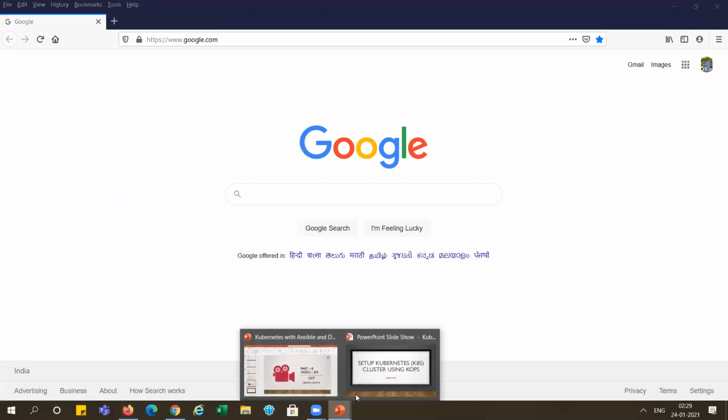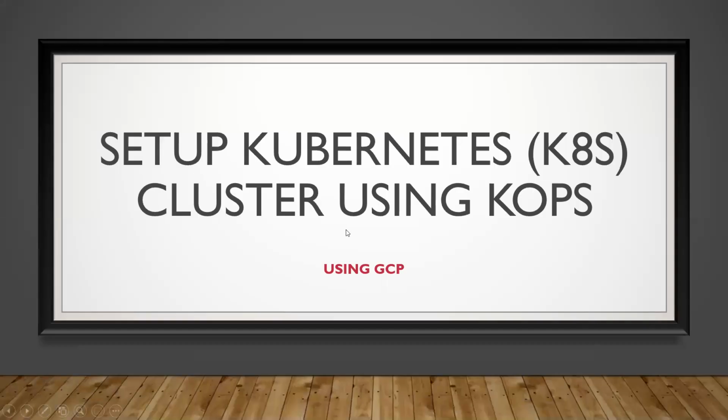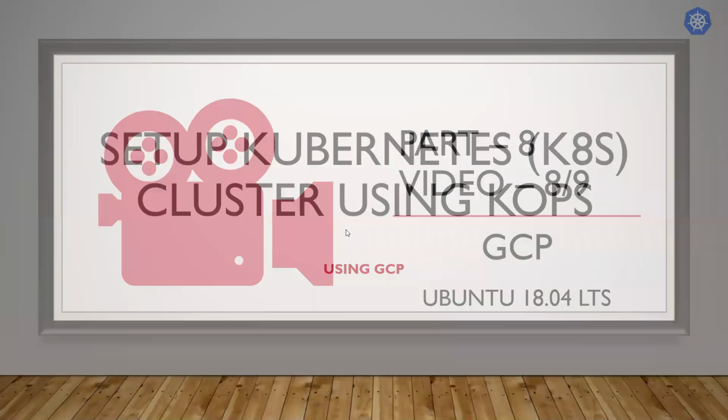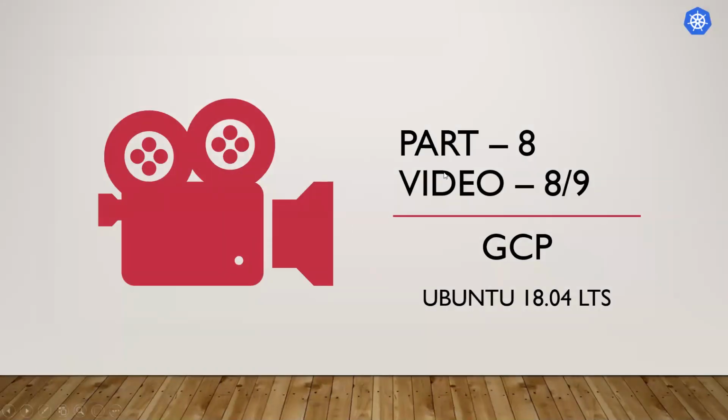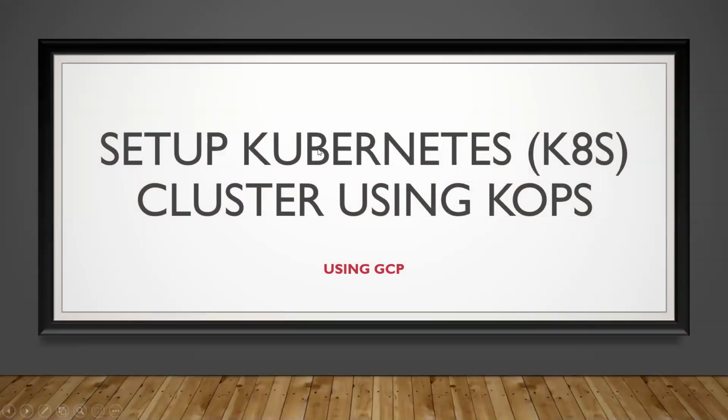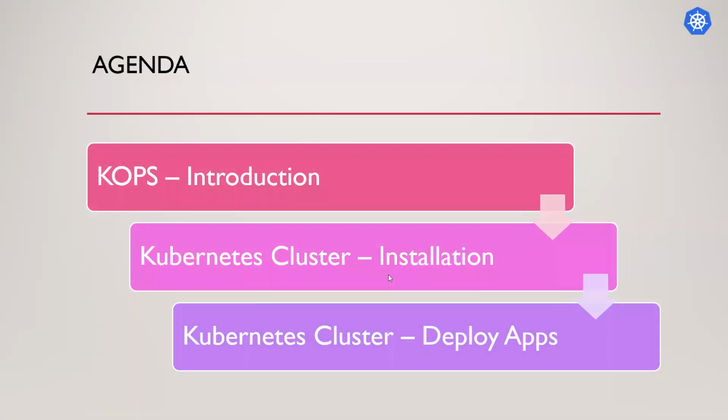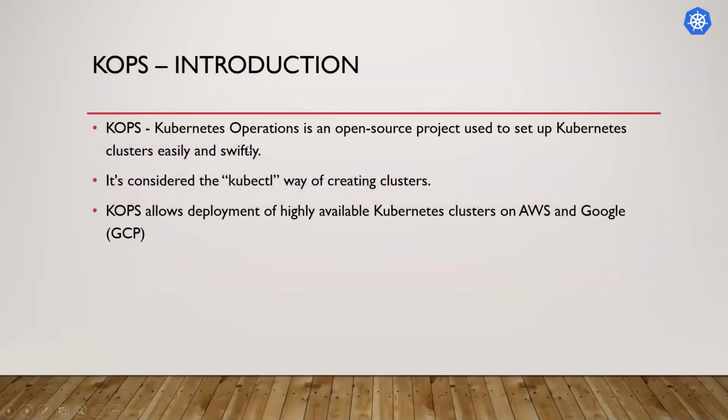So we are going back to our agenda. In this series, in the sixth part, I shared the same thing, creating the Kubernetes cluster using AWS. kops is Kubernetes Operations, an open source project used to set up Kubernetes clusters easily and swiftly.